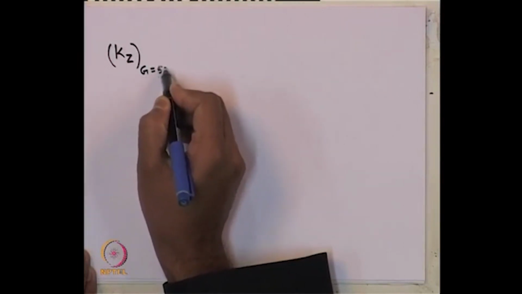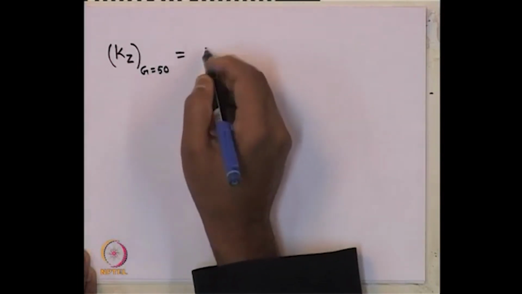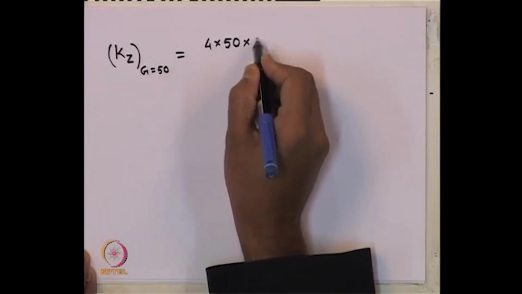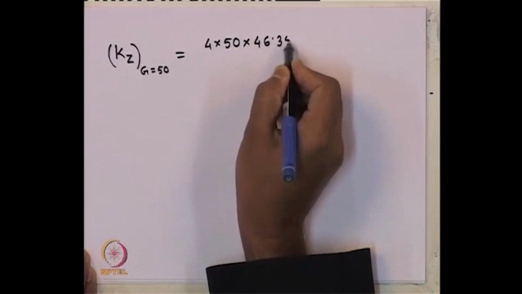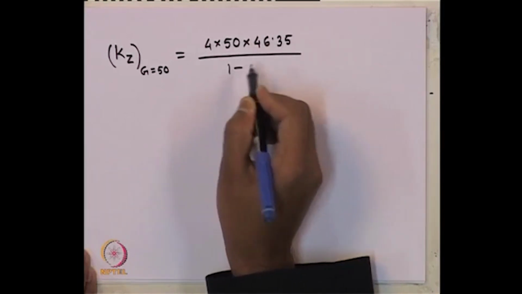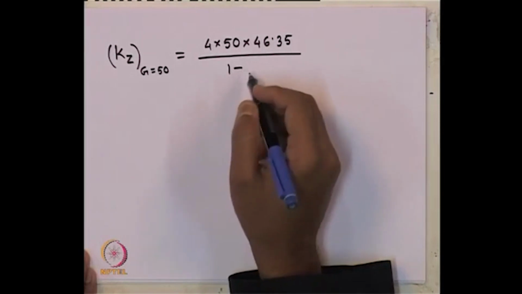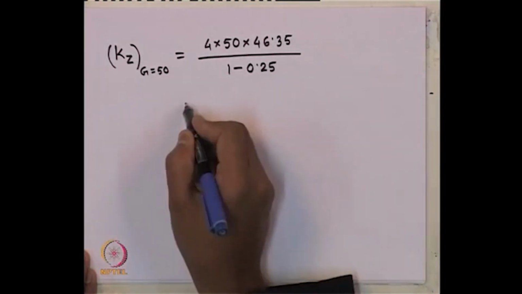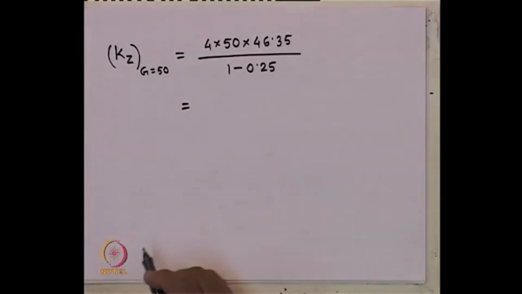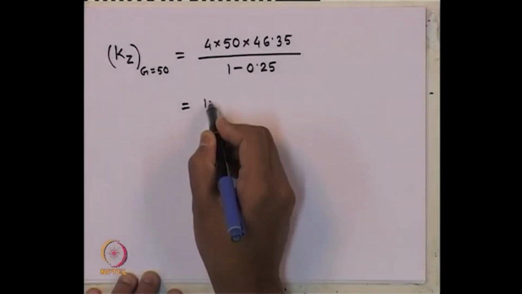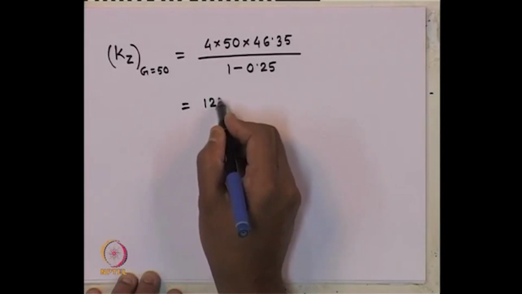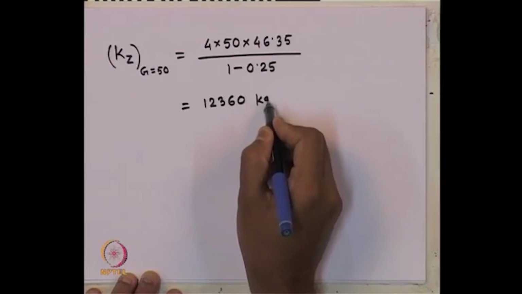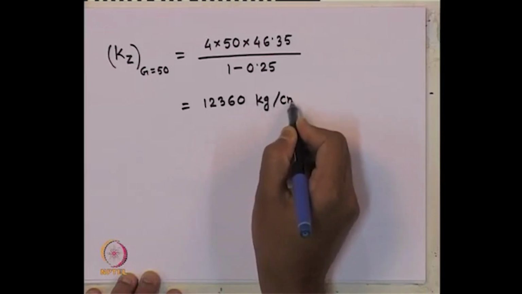With G equals 50, we get 4 into 50 into 46.35 divided by 1 minus mu, where mu is Poisson's ratio given as 0.25. So, it is coming about 12360 in the unit of kg per centimeter.